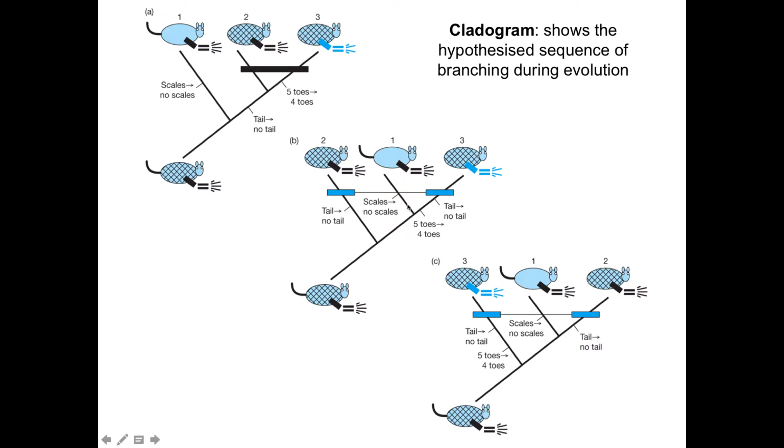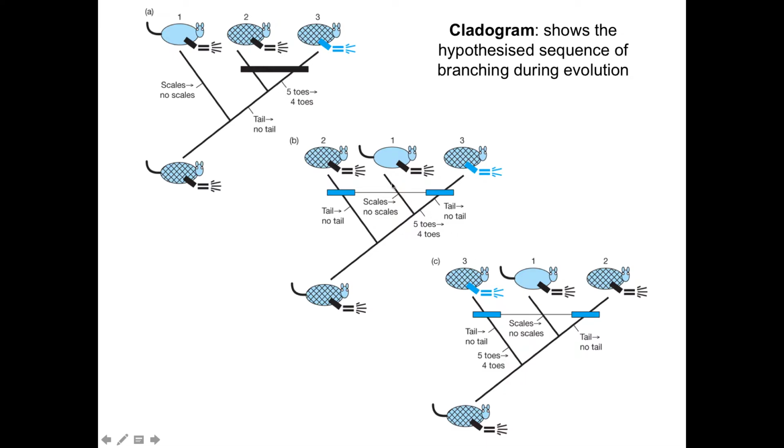2 other phylogenies, i.e. cladograms, are also possible, B and C. But each of these requires a tail loss to have occurred twice, here and here in this case. An evolutionary scenario assuming a larger number of steps, 4 steps in these 2 cases compared to 3 here, is less likely than a simple evolutionary pathway with fewer steps.